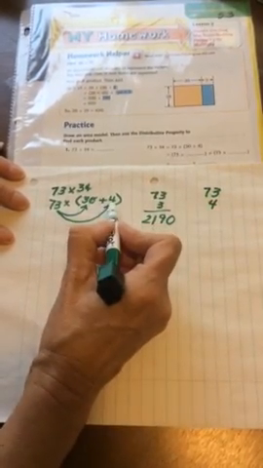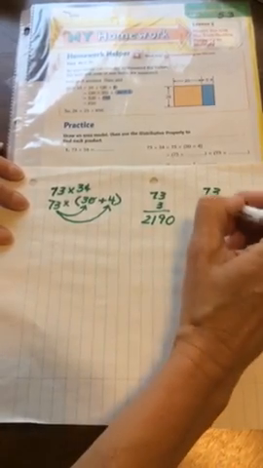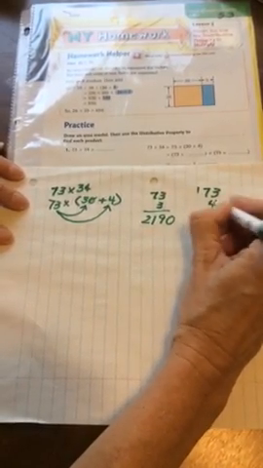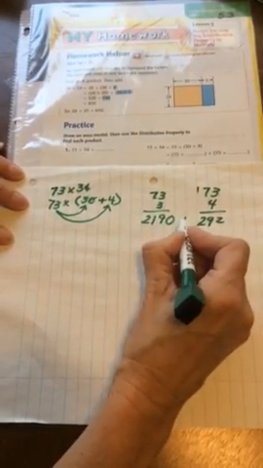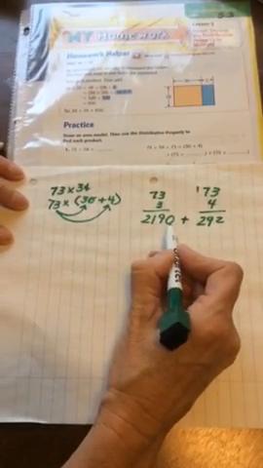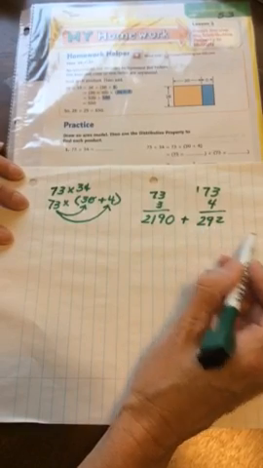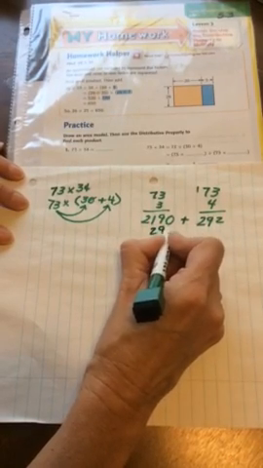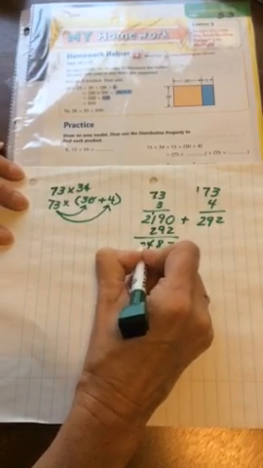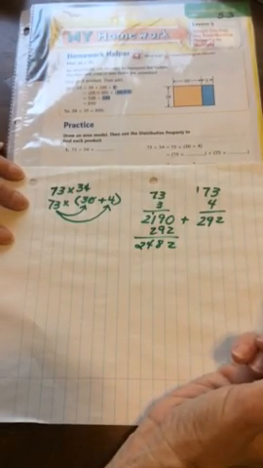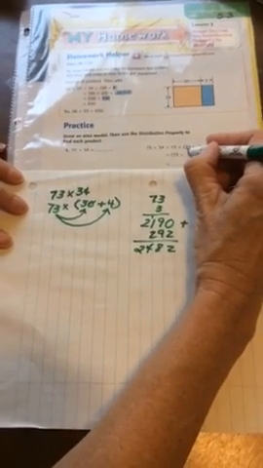Now I don't put a 0 back in there because it's just the number 4. And that's 12 and 28, 29. Okay, so now I just simply add 2,190 to 292. And I get 2,482.